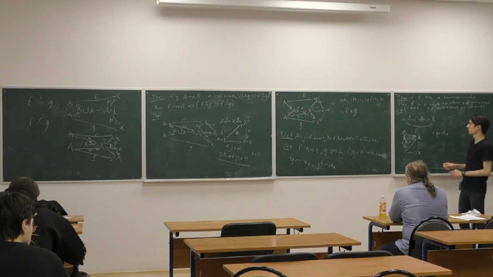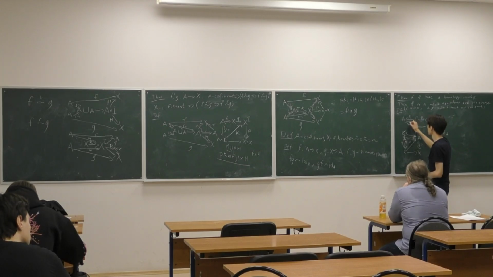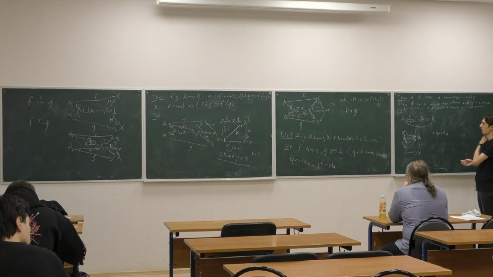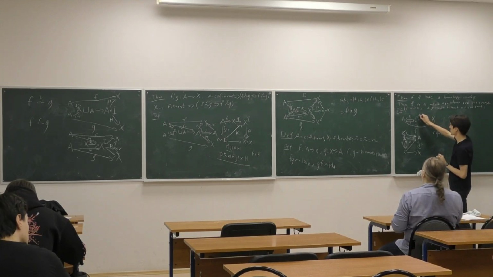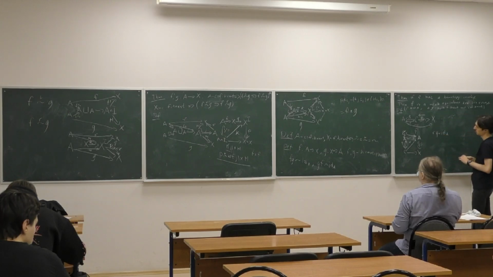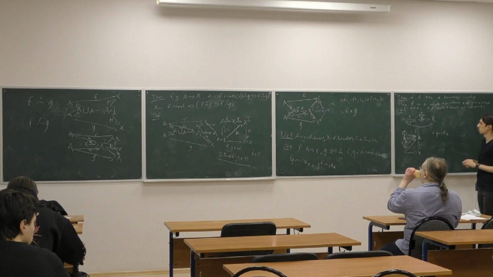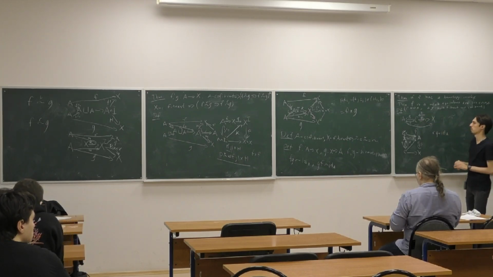Okay, so we have this map. And by the same argument, we have a map from X to C. Let's call it S, which splits this part of the diagram.